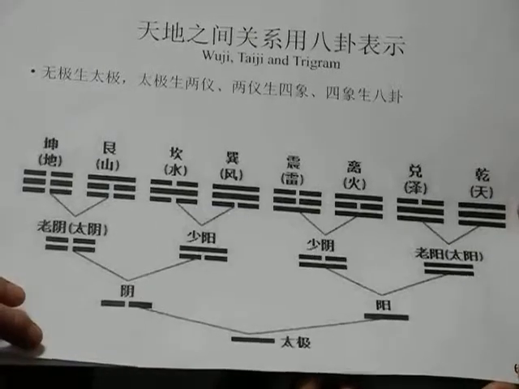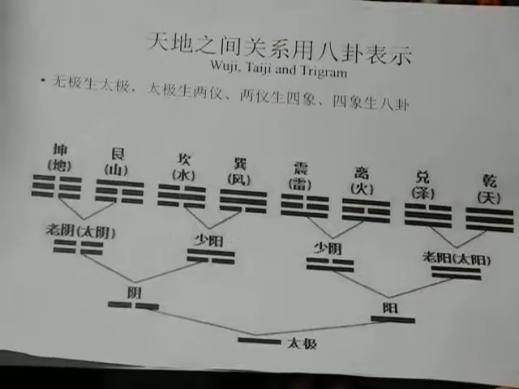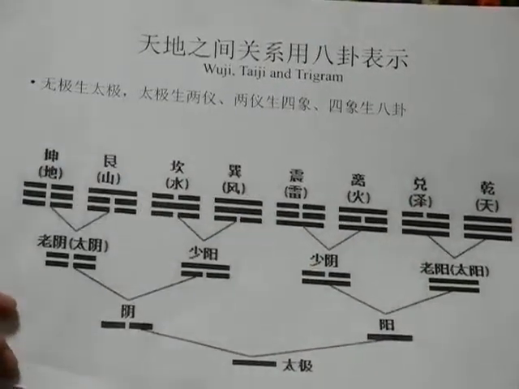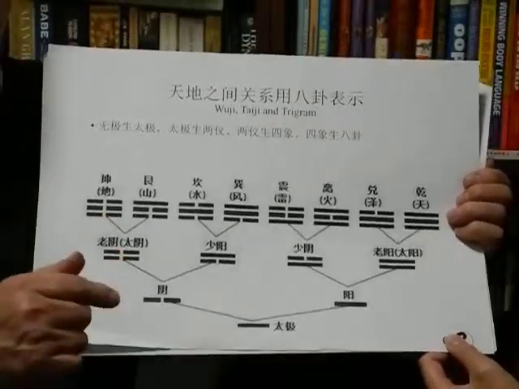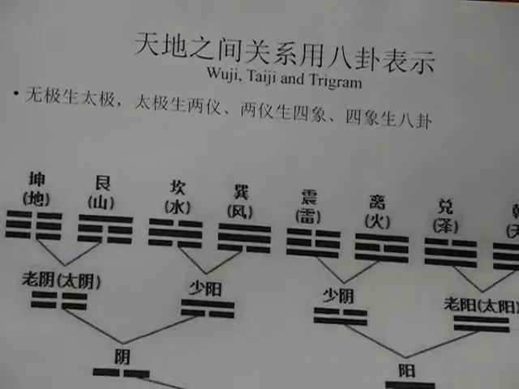Well, and then the Taiji transforms into the 2 poles. And then the 2 poles become the 4 phenomena. Now we will explain to you how they became that.